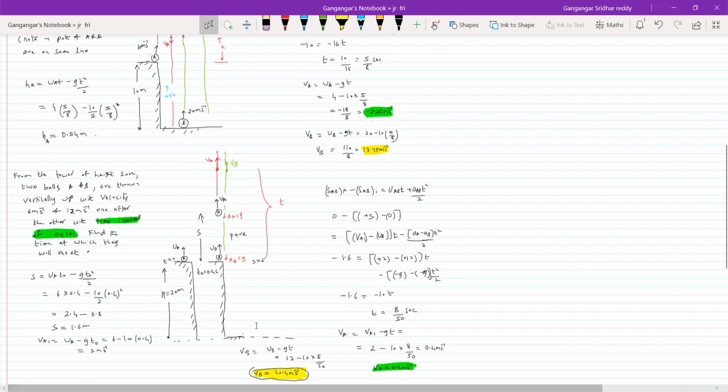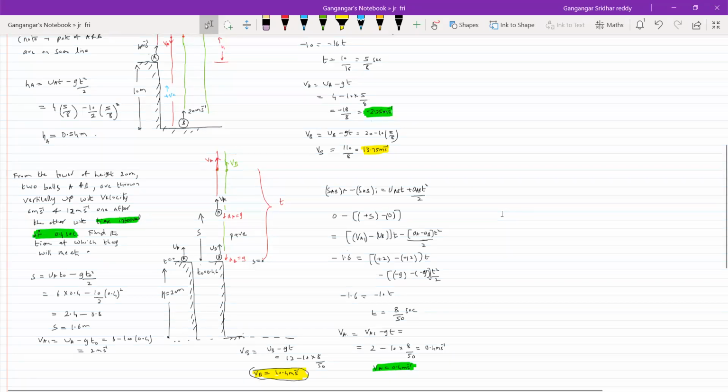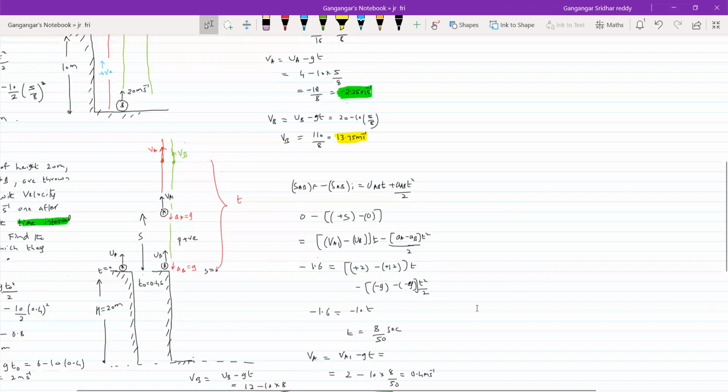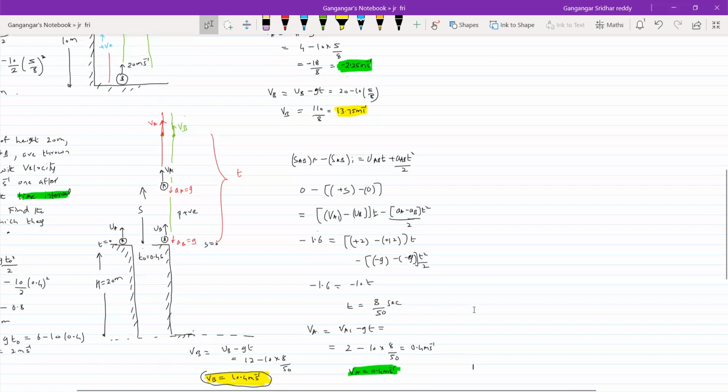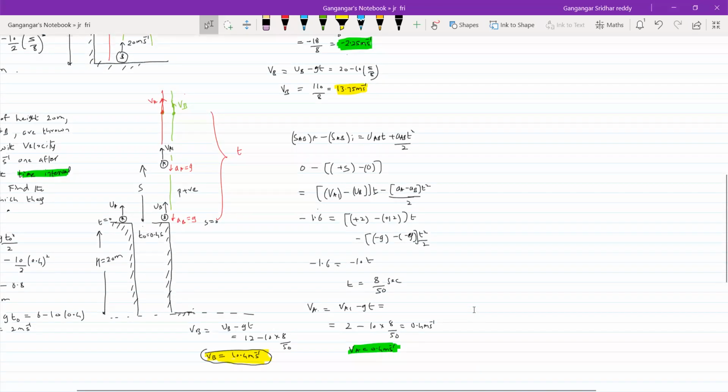At what time will they meet? If you're measuring with respect to projection of A, T plus T naught. If you're measuring from the projection of B, it should be T. And at what height, I think we have calculated. Height we have to calculate.